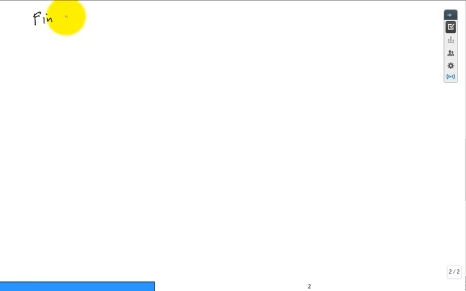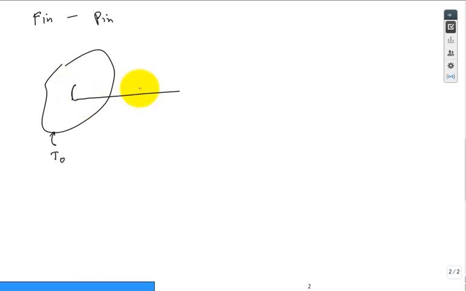The easiest is to analyze a pin fin. So here is a surface, and that surface all has the same temperature, T naught. You want to promote heat transfer from that surface at T naught, or TB for base. What you're going to do is attach a circular fin to it like that.